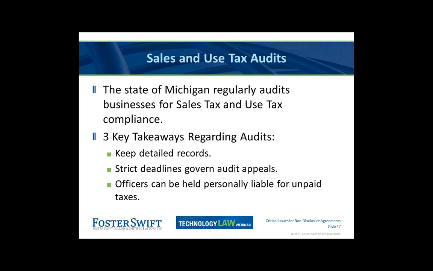And number three, make sure you keep accurate records, because if you don't, it's going to be difficult down the road to prove that there was some sort of exemption, maybe for industrial processing, as I said, or some sort of other reason why the tax should be either eliminated or reduced. So those are the big takeaways that I just want to stress, and that's the end of my comments on this.